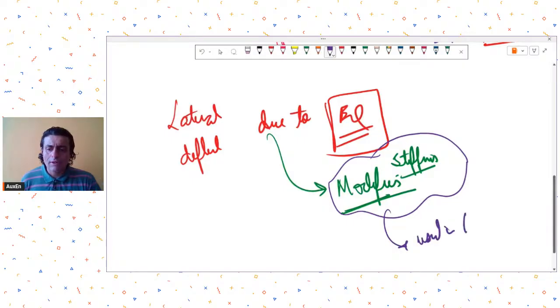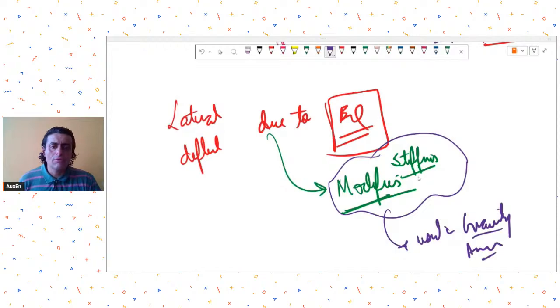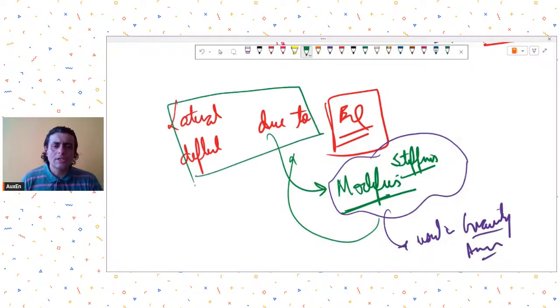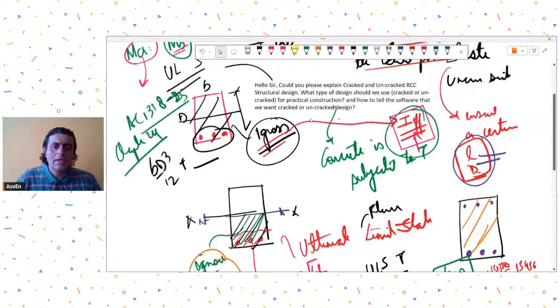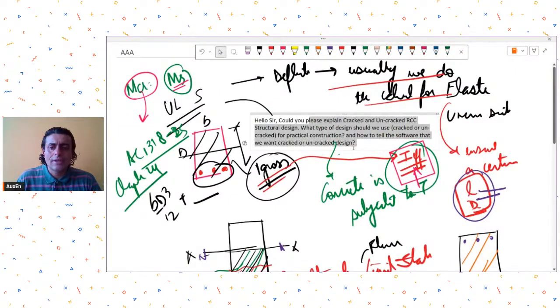In gravity analysis they won't make much of a change, so to say, but the real requirement of using stiffness modifiers is to calculate the lateral deflections under EQ forces. So stiffness modifiers are doing the same job: they are reducing the cross section, because some portion of the cross section is unavailable due to crack. Okay, so this is how the cracking is considered in our entire design process.